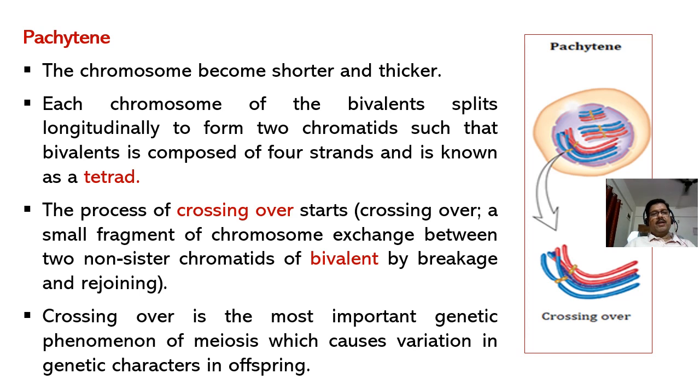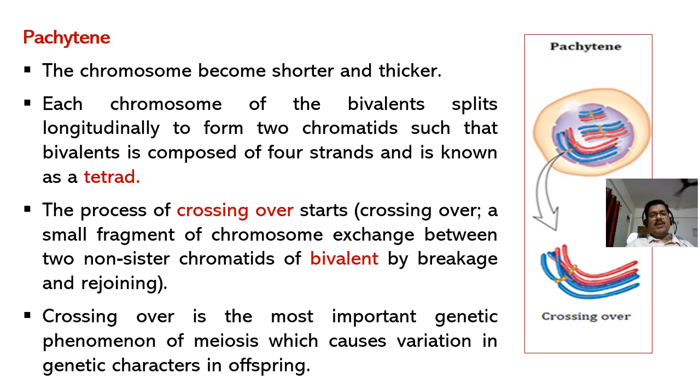Pachytene. In this subphase, the chromosomes become shorter and thicker. Each chromosome of the bivalent splits longitudinally to form two chromatids, such that a bivalent is composed of four strands and is known as a tetrad. The process of crossing over starts.